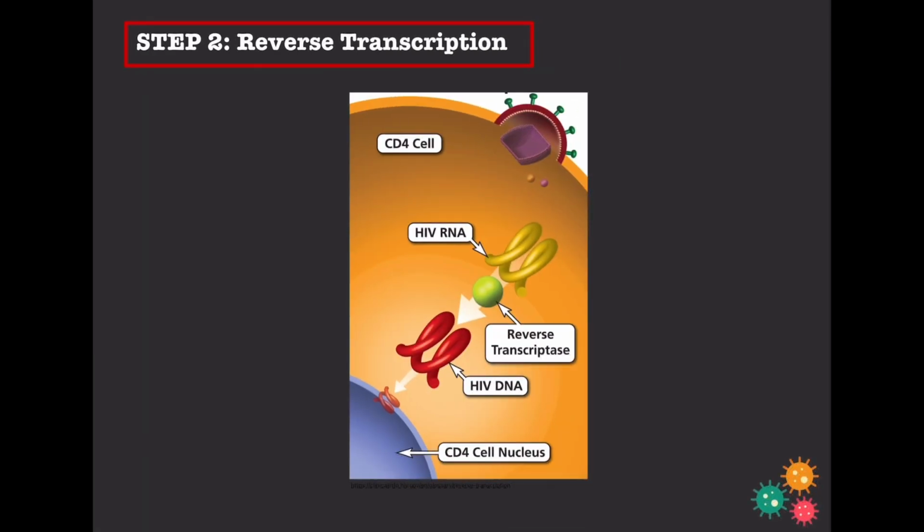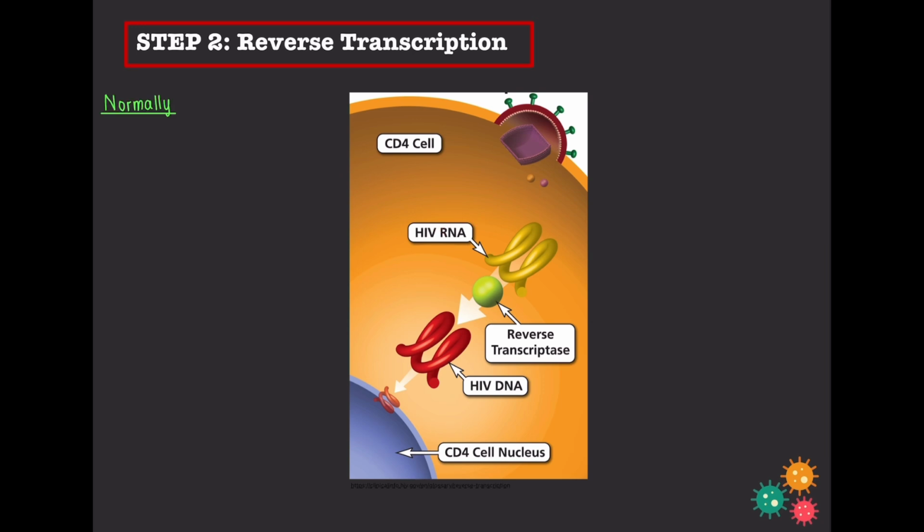So once HIV gets inside the cell, things get really interesting and a bit tricky. Like I mentioned earlier, HIV is what we call a retrovirus. And the reason it's called this is because of how it copies its genetic material, depicted here as HIV RNA.